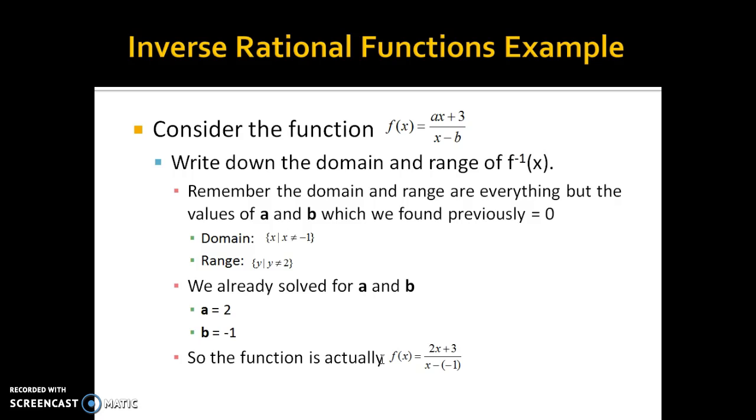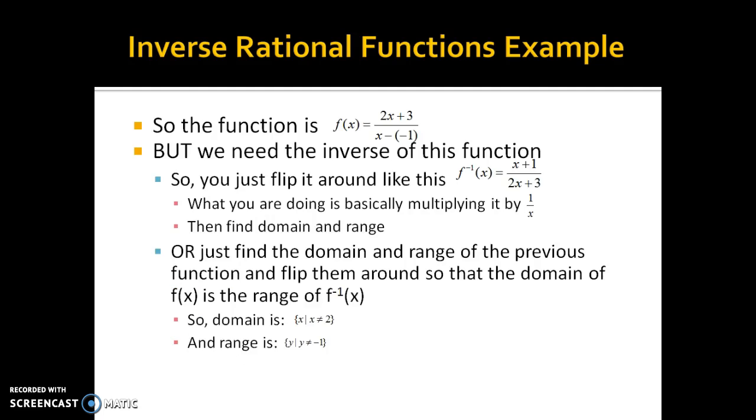But remember, this is the inverse, so the domain should be the range and the range should be the domain in this case. So yeah, that's what I just talked about.